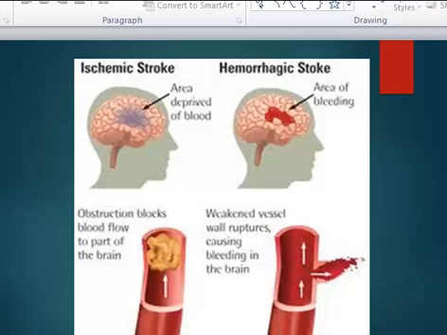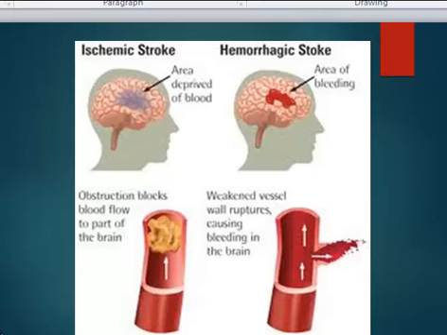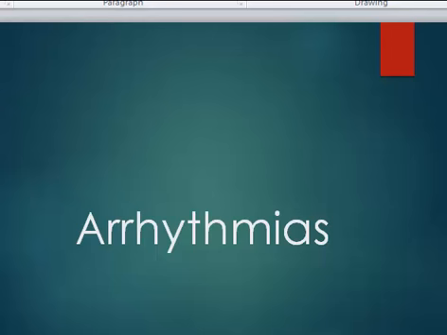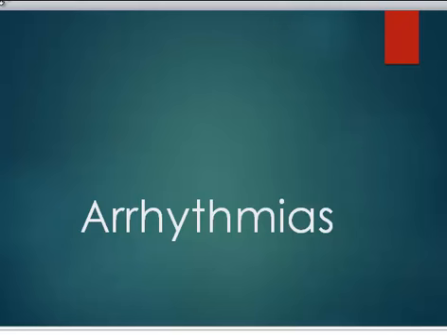Now, the next thing we're going to talk about is arrhythmias. So why do we care about arrhythmias? We care about arrhythmias because depending on the arrhythmia that you have, you could actually end up forming clots within your atria.